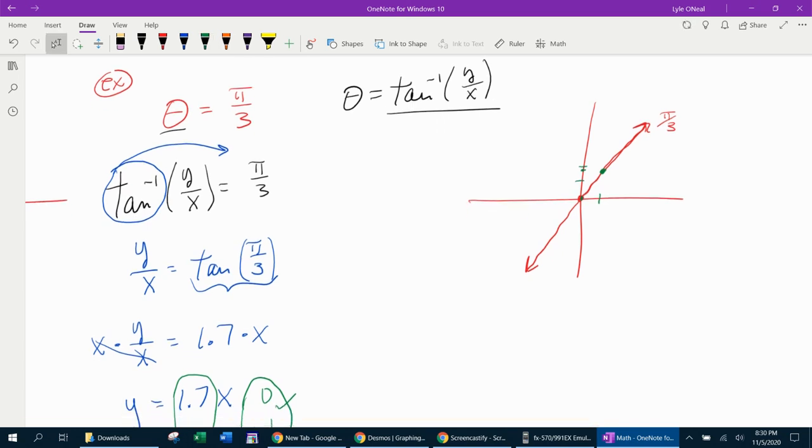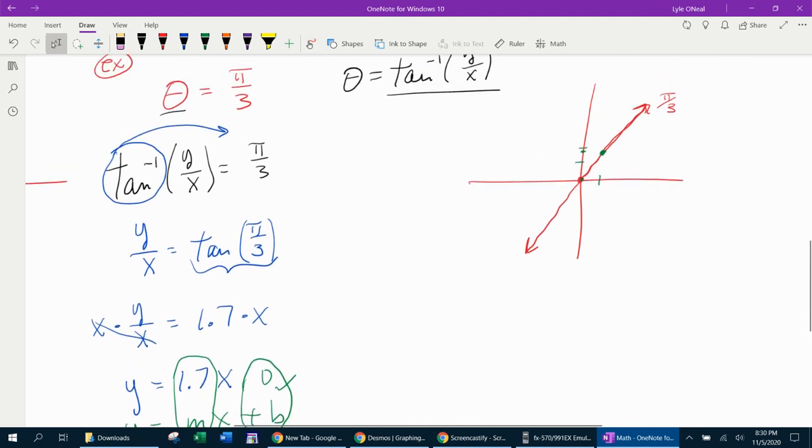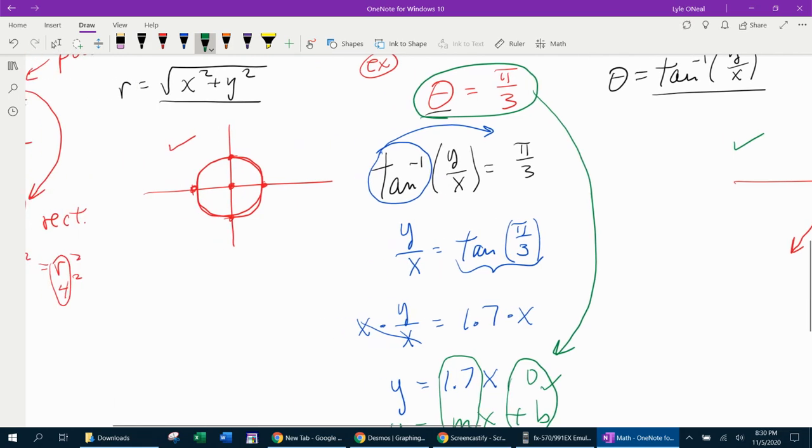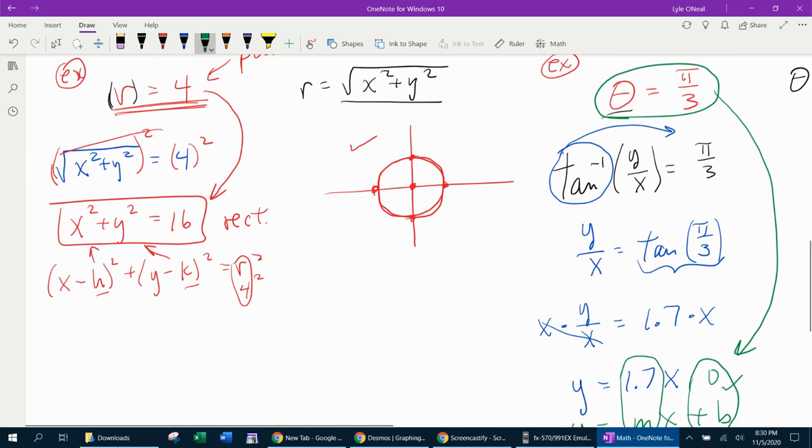So again, the takeaway is you need to be able to convert from polar to rectangular, and you need to have an idea of what that graph looks like. And so there's two examples of going from polar to rectangular.